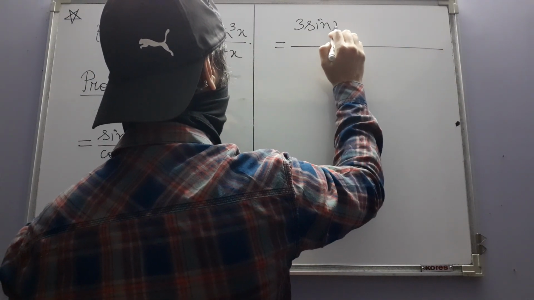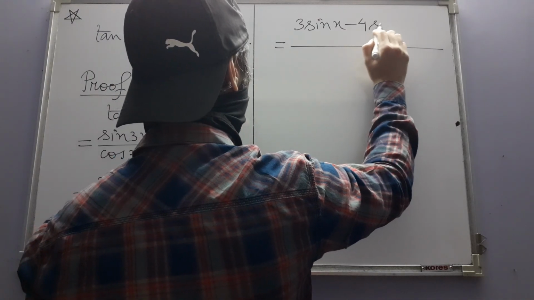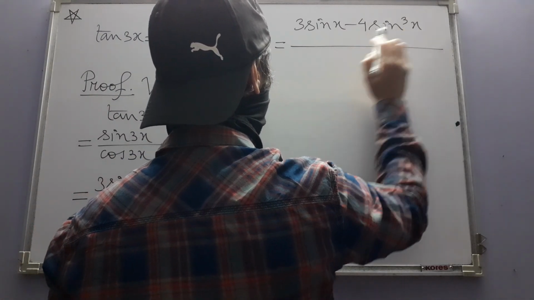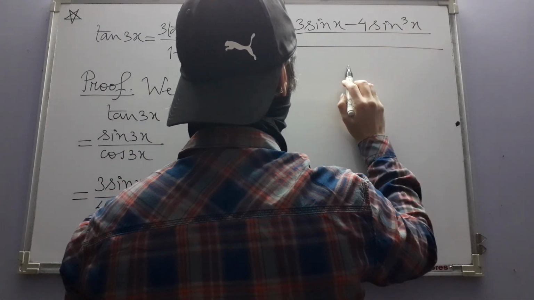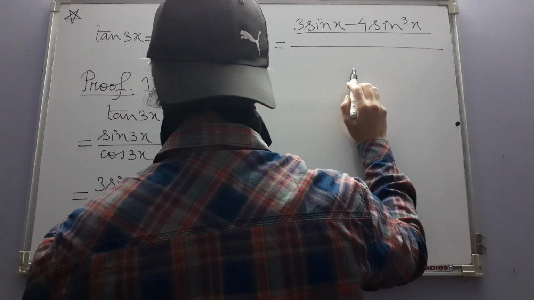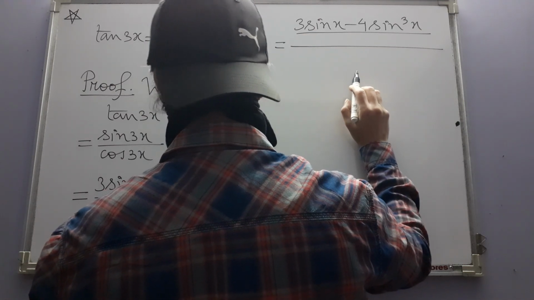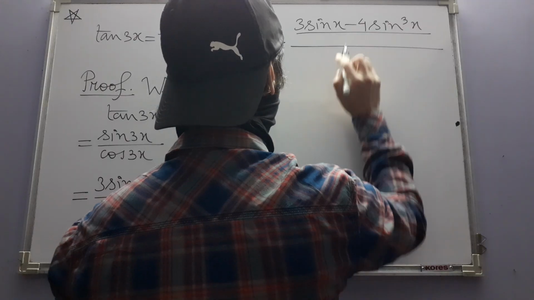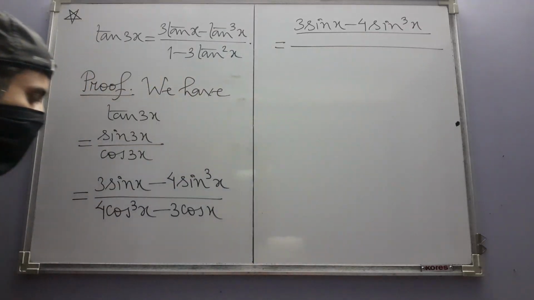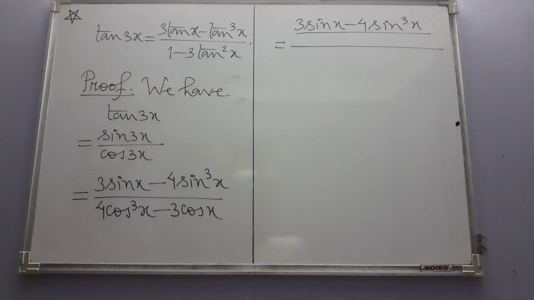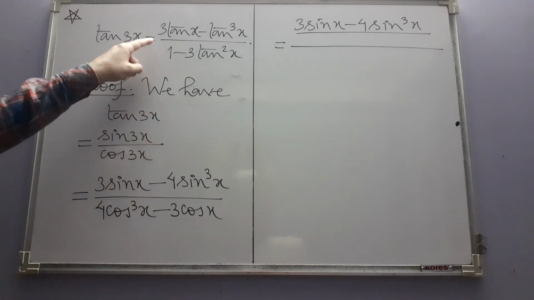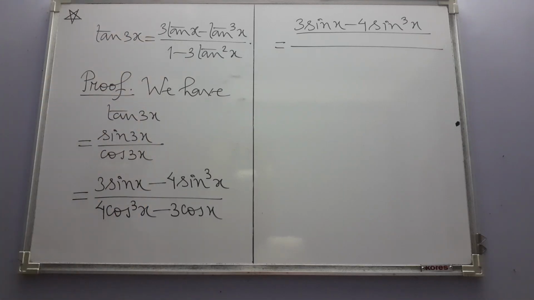Three sin x minus 4 sin cube x divided by, alright. Oh, we do have a 4, but the tan formula doesn't have any 4.